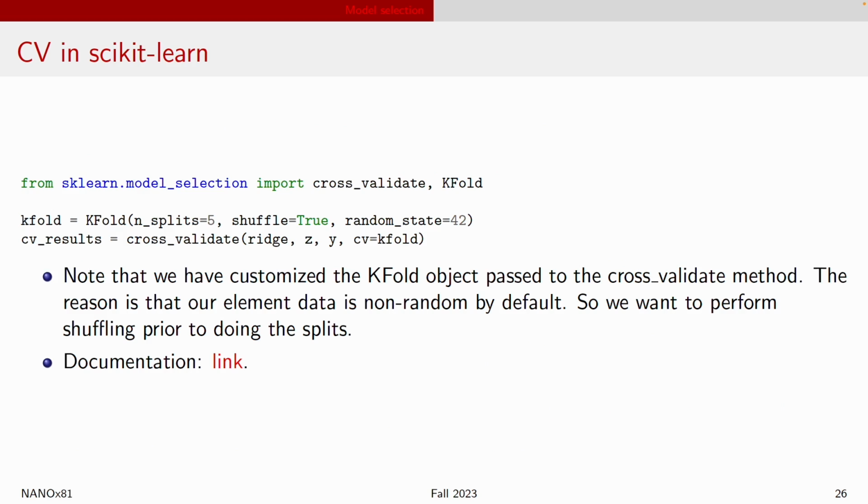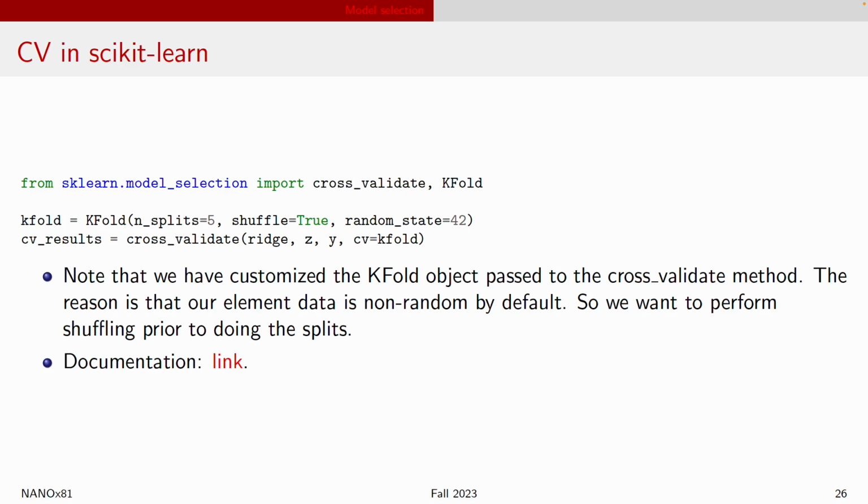Now, you can actually do all this in scikit-learn quite easily. So I'm sure most of you don't want to actually have to manually go and split the data into 5 buckets and individually split them. So in scikit-learn, cross-validation is in the model selection package. Under the model selection package, there is cross-validate and there's k-fold.